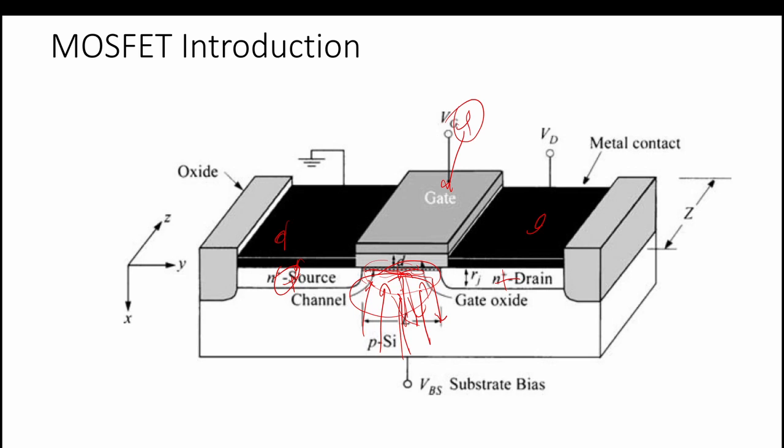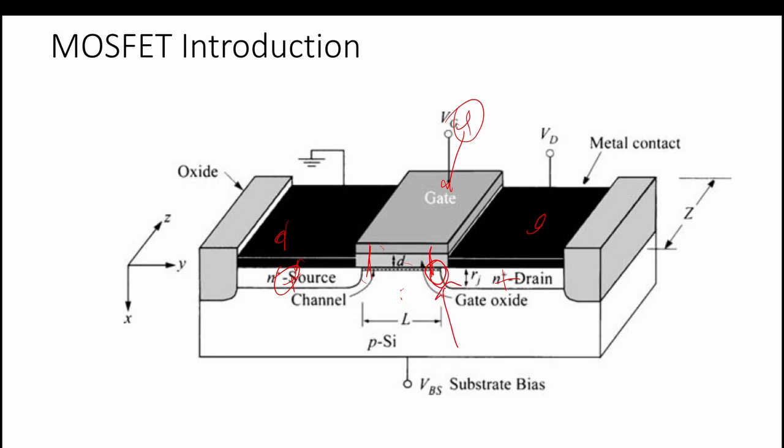There is a small region which overlaps with the source and drain. If it doesn't overlap, suppose the gate was only this much width, then there wouldn't be any channel in this region.